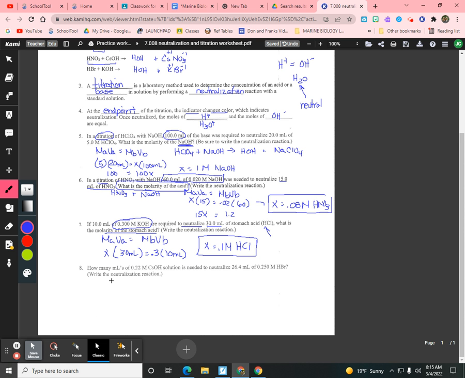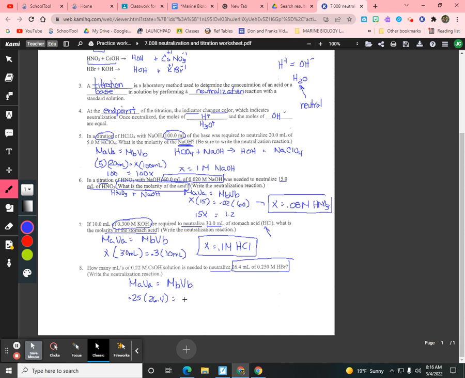All right, last one. How many milliliters of 0.22 molar cesium hydroxide solution is needed to neutralize 26.4 milliliters of a 0.25 molar HBr? Neutralize is my keyword, so I write my formula down. This is my acid. So the molarity of my acid is 0.25. The volume of my acid is 26.4.